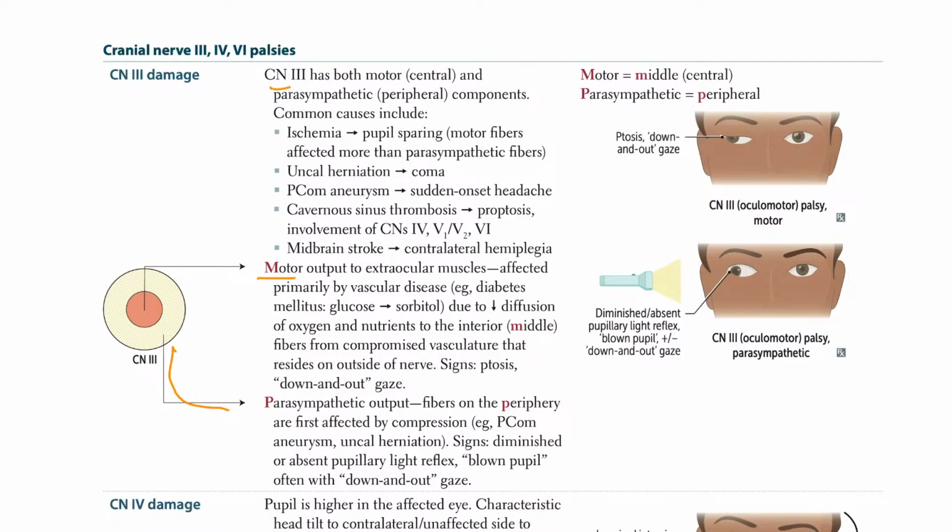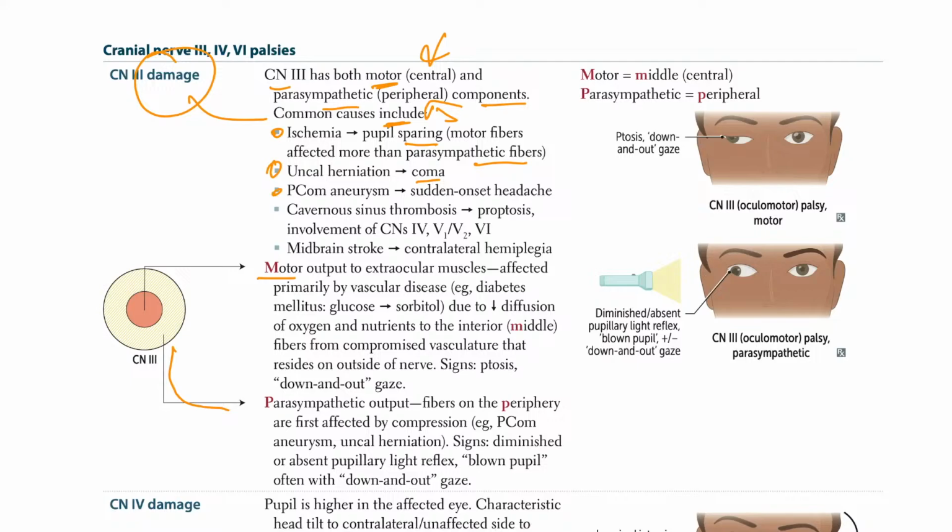So CN3 has both motor, which is central again, and parasympathetic, which is periphery components. Common causes of CN3 damage include ischemia. Ischemia leads to pupil sparing because the motor fibers are affected more than the parasympathetic fibers. And that's high yield, and it will come up. But here, the second part is uncal herniation leads to coma.